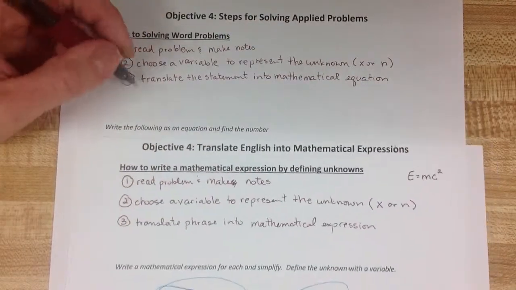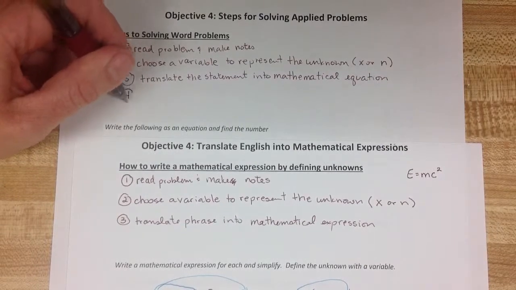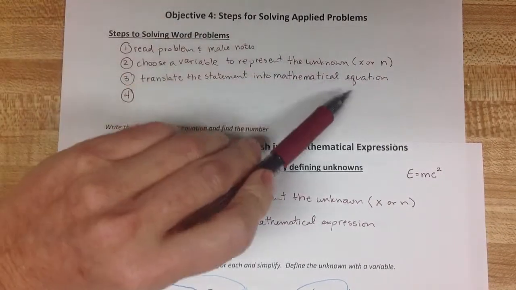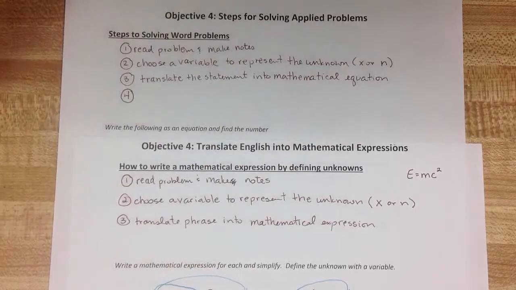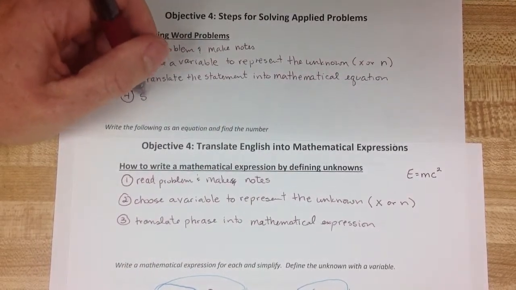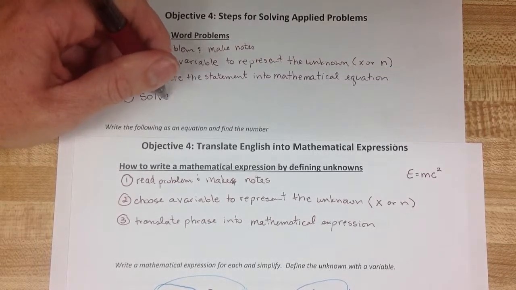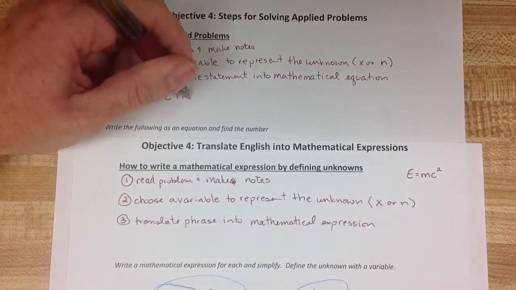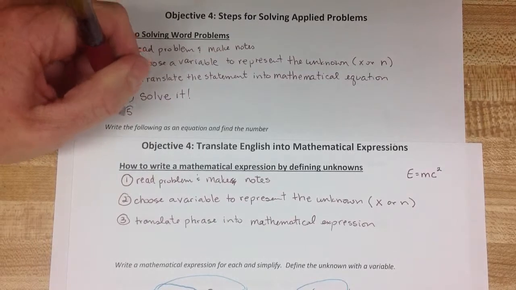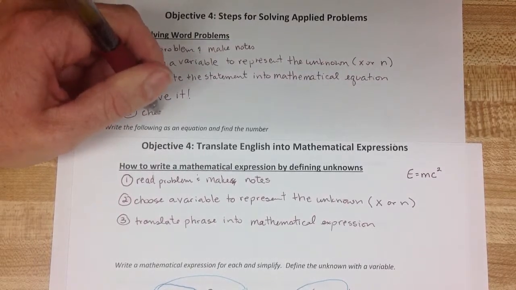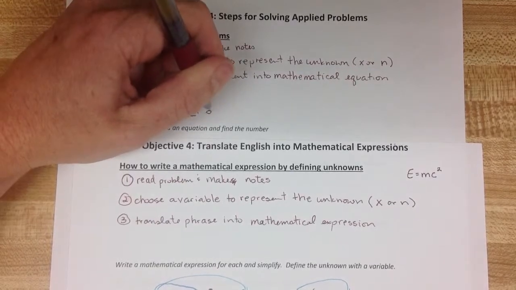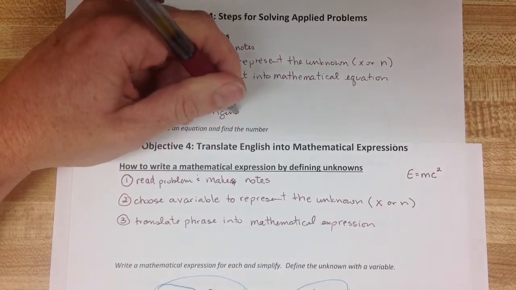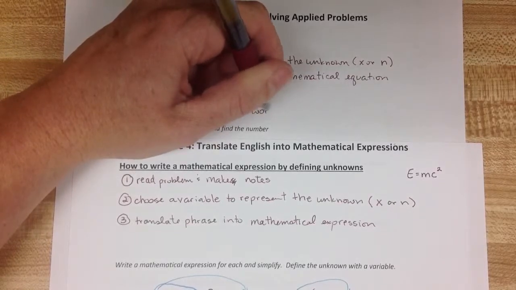And unlike our previous section, now that we've created an equation that has an equal sign in it and a quantity on the other side of that equal sign, we'll be able to solve it. And then our final step, check with original words.